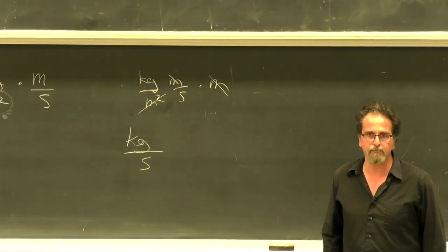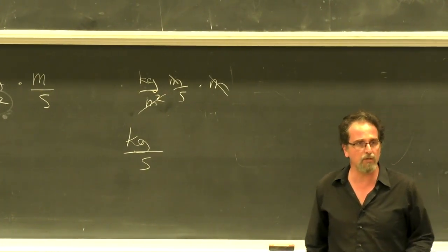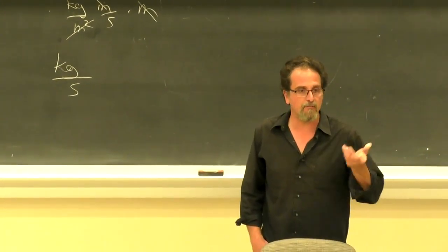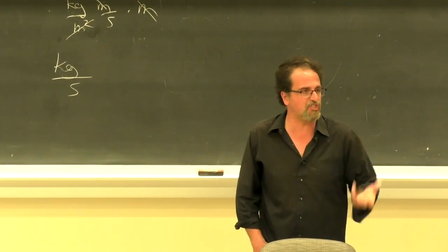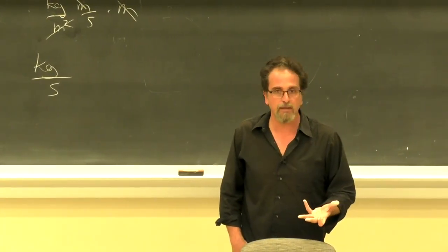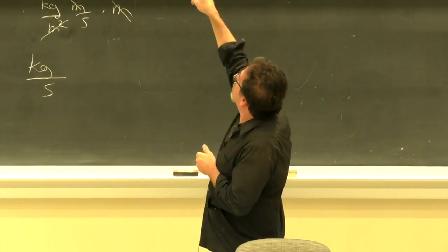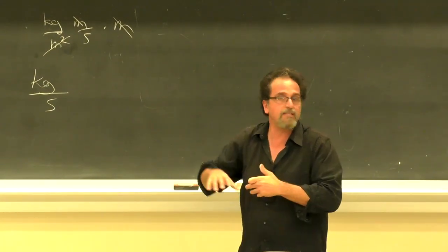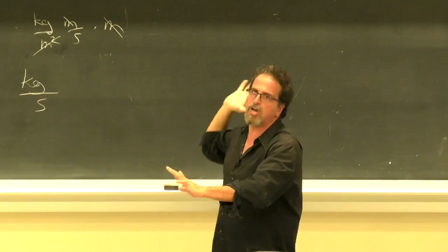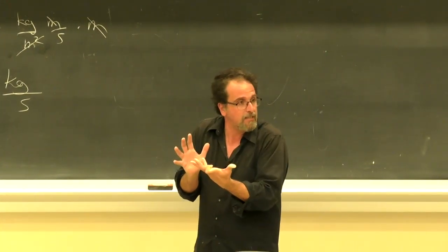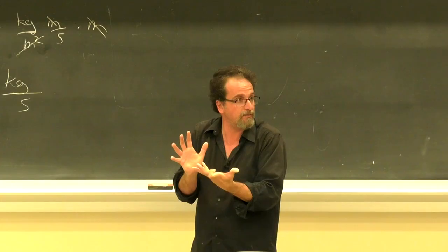Kilograms per second. And now this should tell you what flux is. It is the amount of kilograms per second of the stuff flowing out of the domain. If it integrated to 0, because maybe it was flowing out at one point and flowing in at another, that means wherever it's flowing out, it's compensated for by wherever it's flowing in. So the change in the mass per unit time is 0, according to this flow.